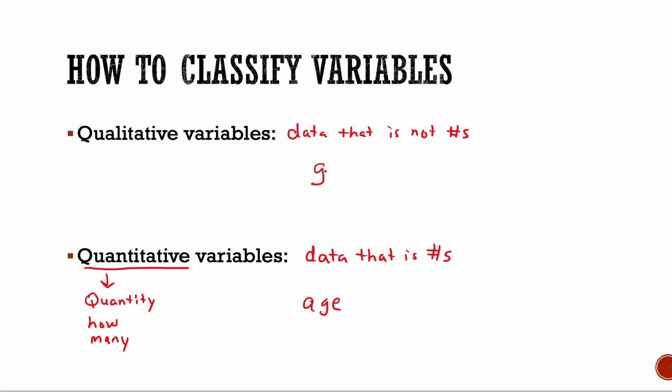So I'm going to put gender up here in something that does not have a number for an answer. All right, income. If I ask you how much money you make or how much money is in your pocket, all right, those are numerical answers. $5, $10, $100,000, whatever the case may be. Income is going to be numbers.